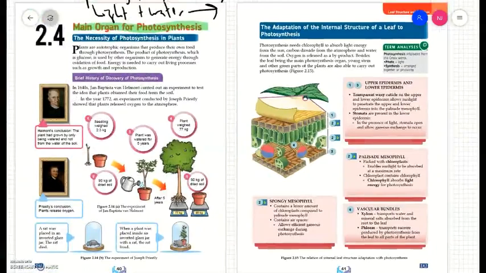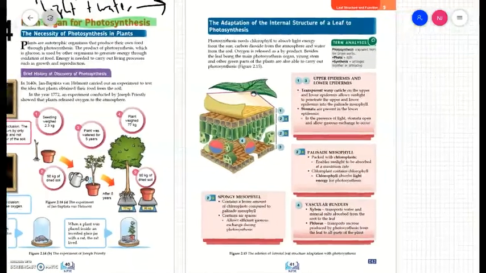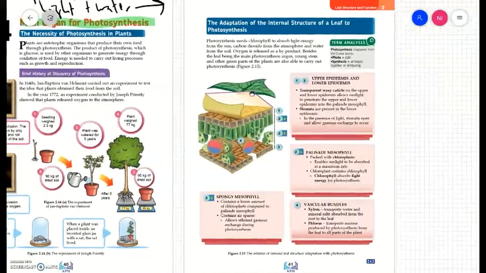We can dissect, we can look at it one by one. So here's the numbering: number 1, 2, 2A, 2B, and 3. Number 1 and 3 mean upper and lower epidermis. So upper and lower epidermis have a transparent waxy cuticle.